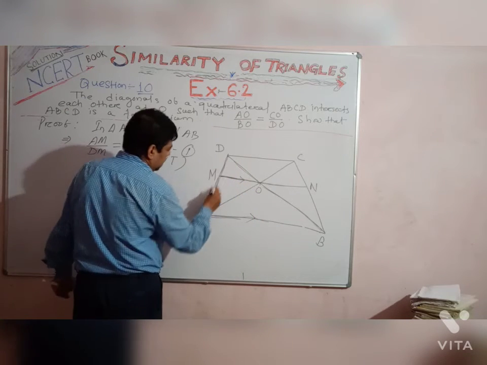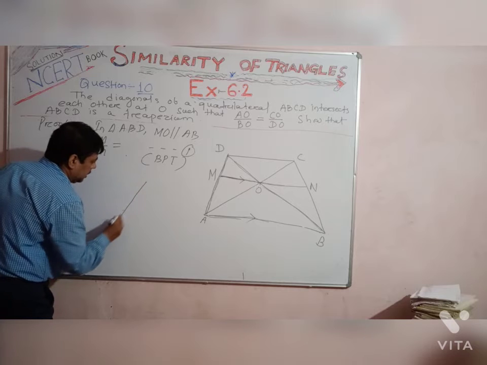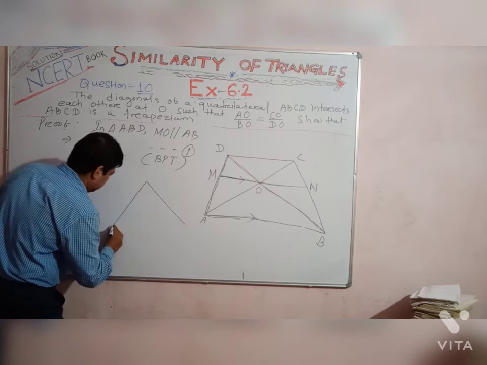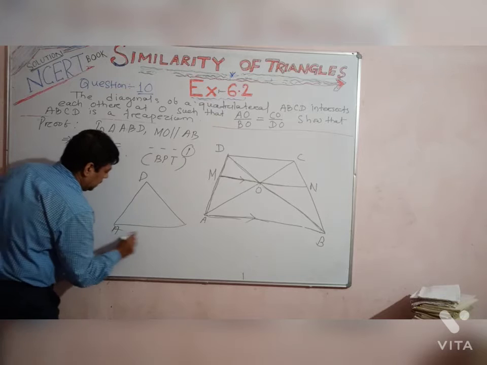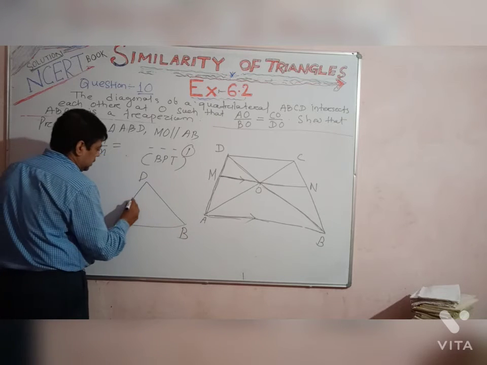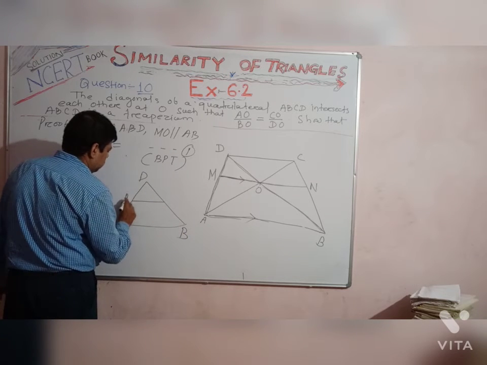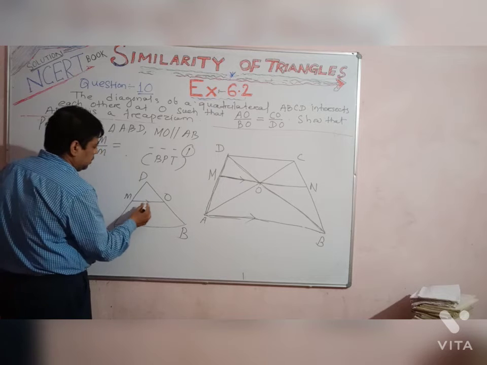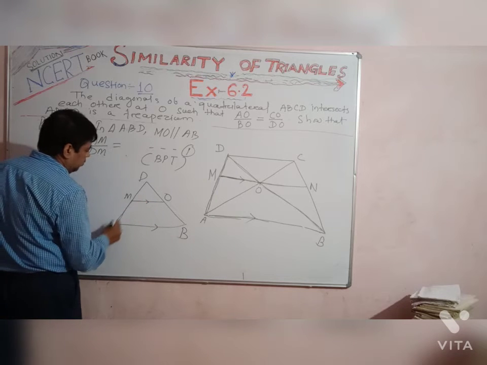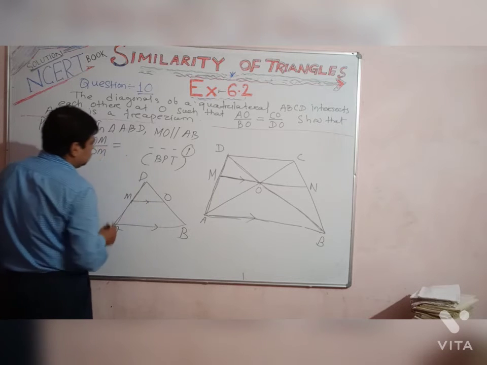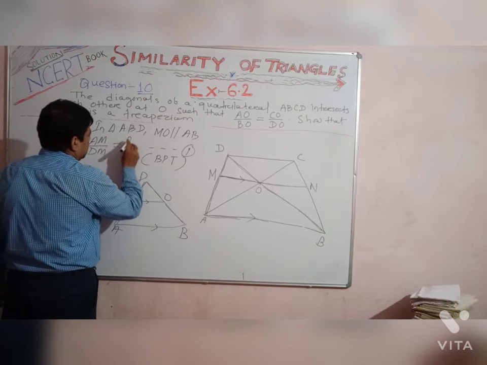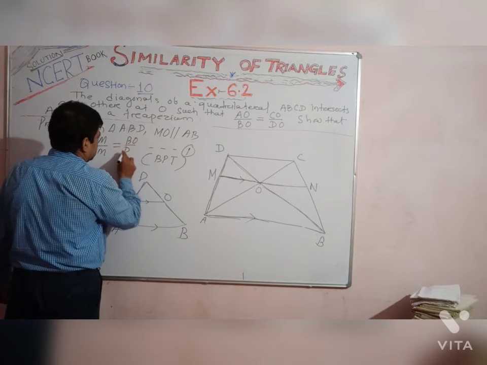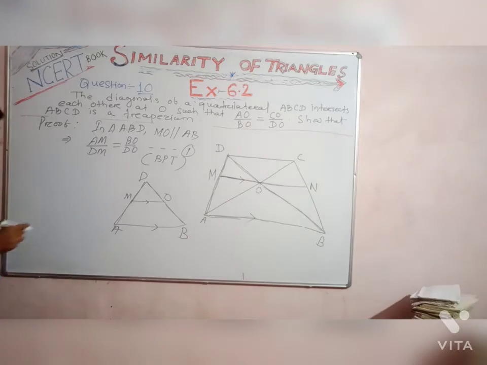Look at the diagram I am drawing here. DAB is a triangle. In this triangle, MO is parallel to AB. So AM upon DM is equal to BO upon DO. This was one of the mistakes. Is it clear?